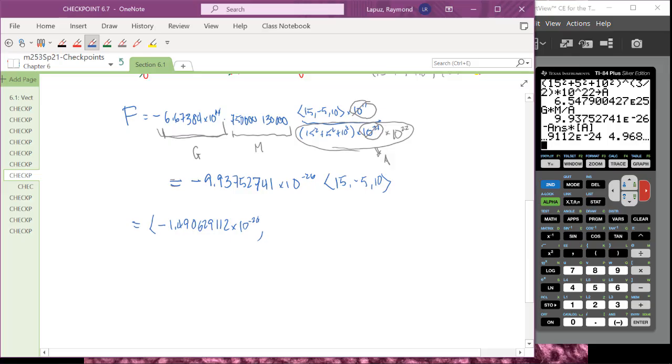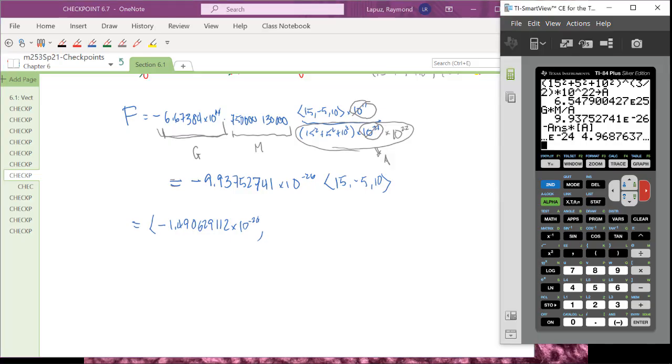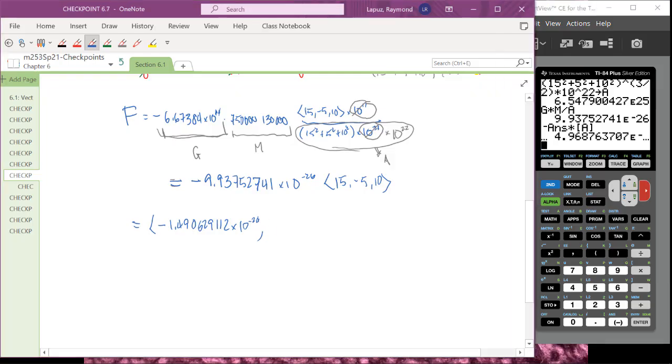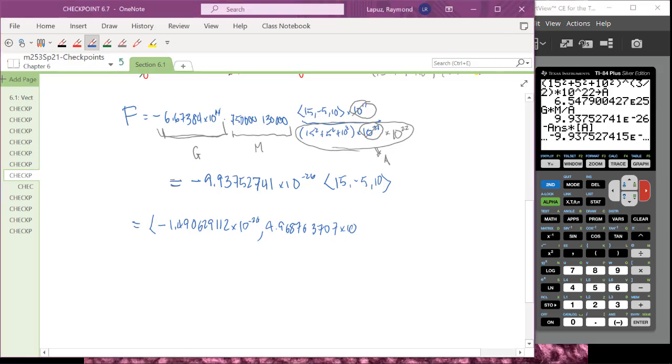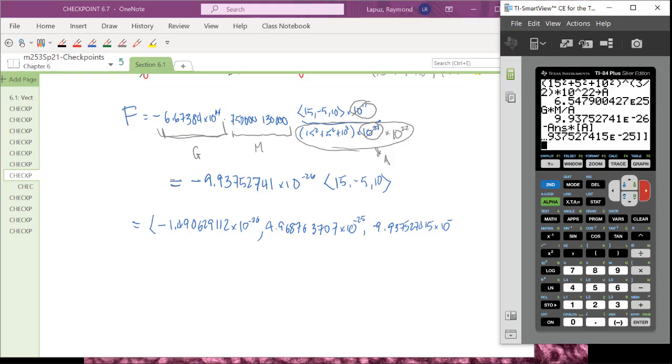The next number is 4.968763707 times 10 to the -25th power, and then we have -9.937527415 times 10 to the -25th power.